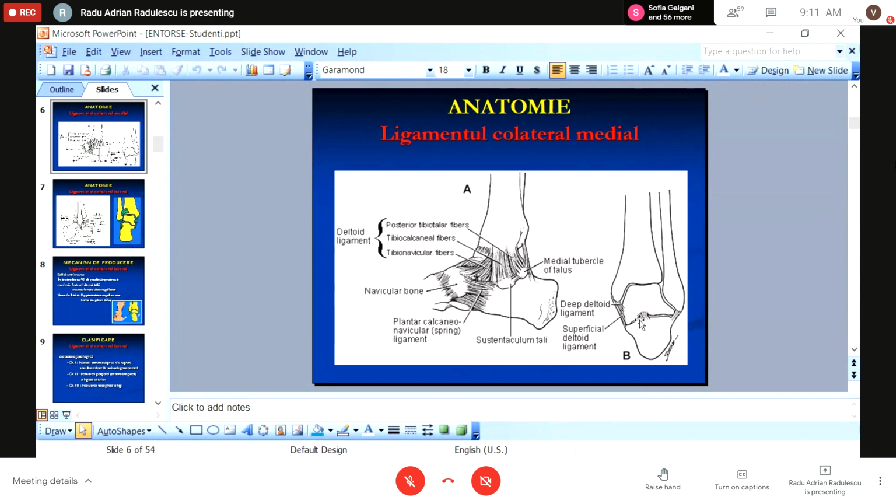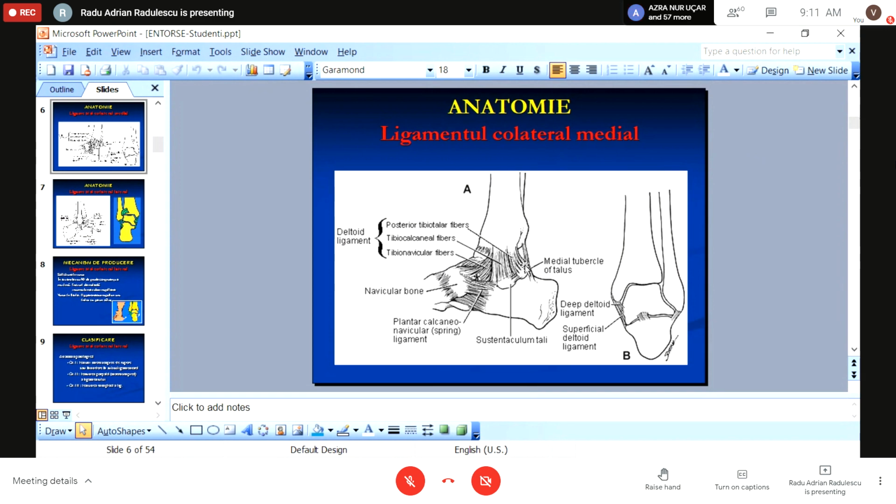Let's get into some more details. The medial collateral ligament is also called the deltoid ligament. You know, the letter delta in Greek has the shape of a triangle. That's why, in comparison with a triangle, this ligament is called the deltoid ligament, because it has a tip at the level of the medial malleolus, where all the fascicles of this ligament start from, and then they spread downwards to different parts of the talus, displaying a triangle shape.